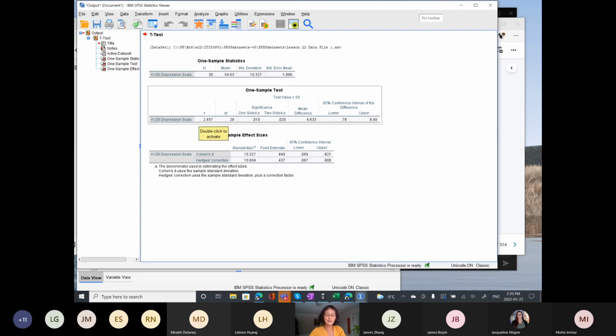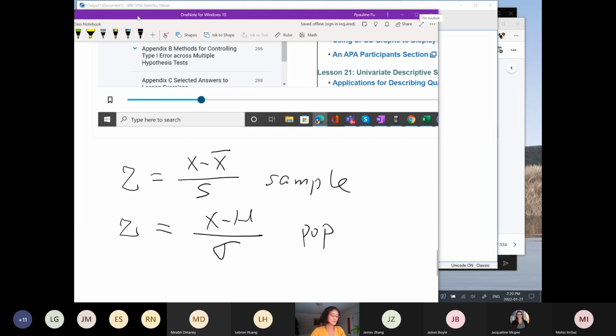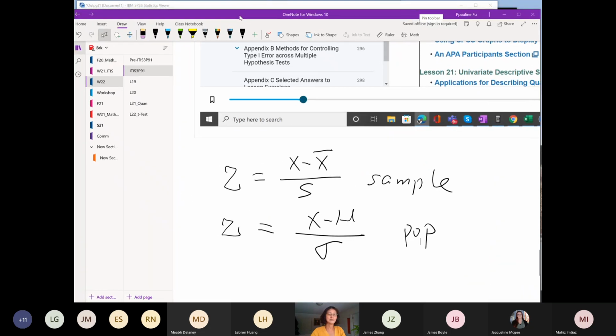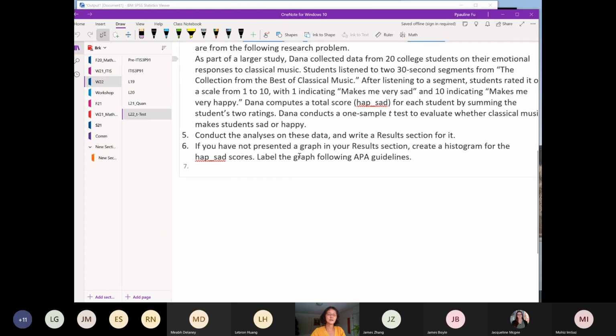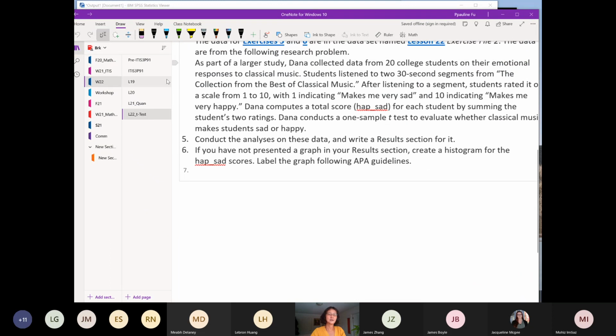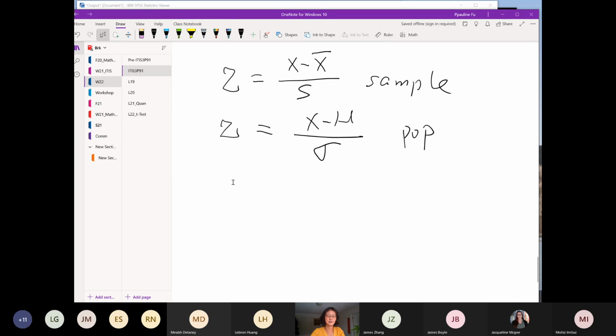I'm going to copy the screen so that I can make annotation. So this is lesson 22, t-test. Maybe I will go here. Just keep on going.